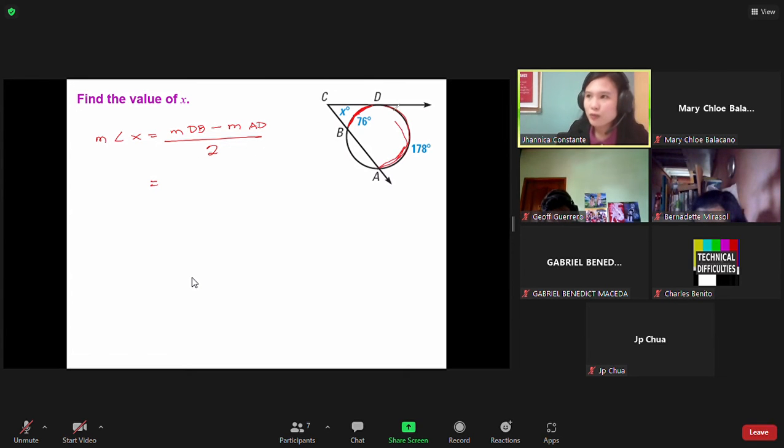So the measurement of arc DB, we have 76, minus the measurement of arc AD, we have 178, divided by 2. Let's swap them so it will not become negative.